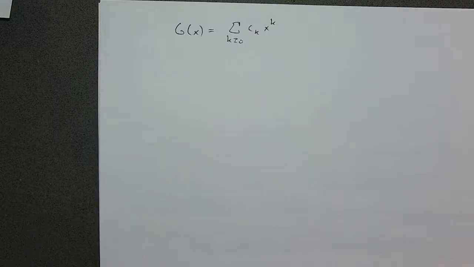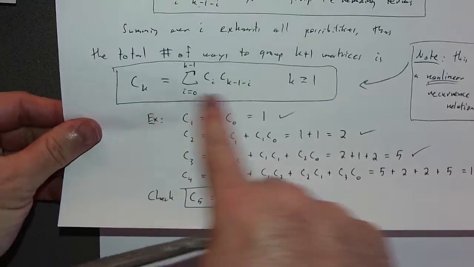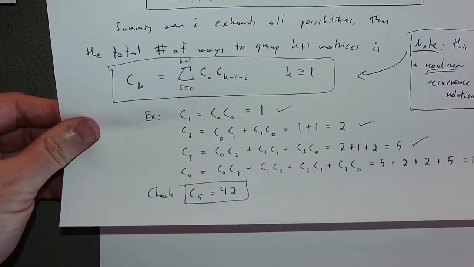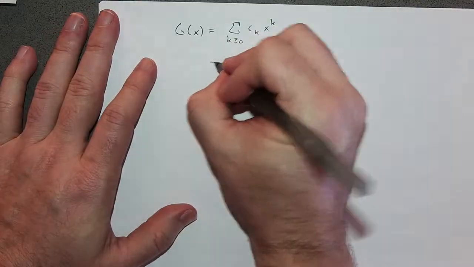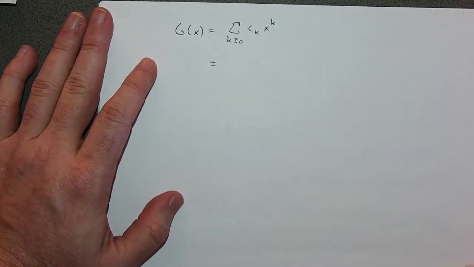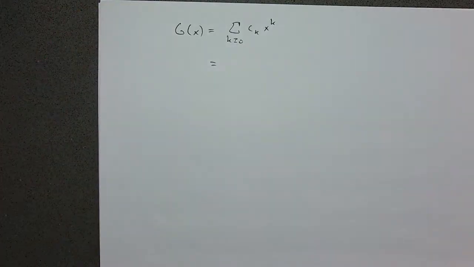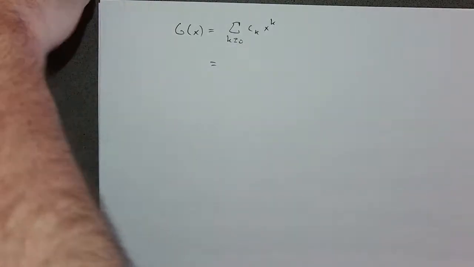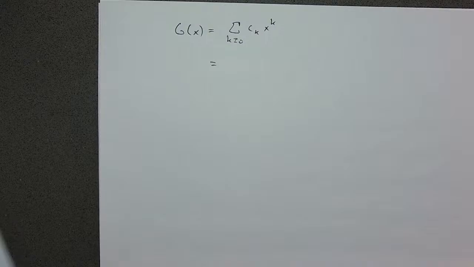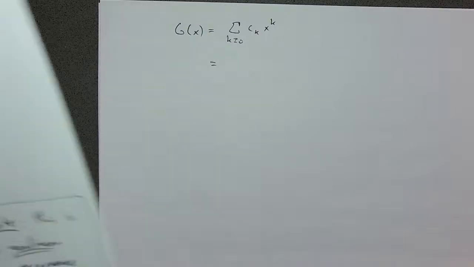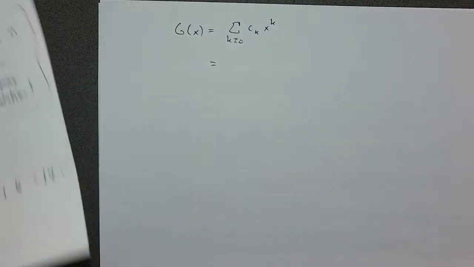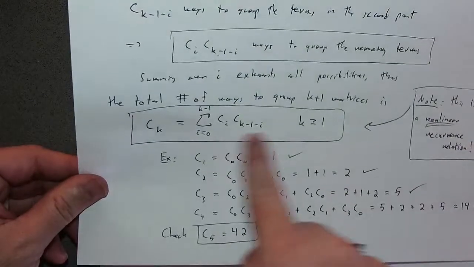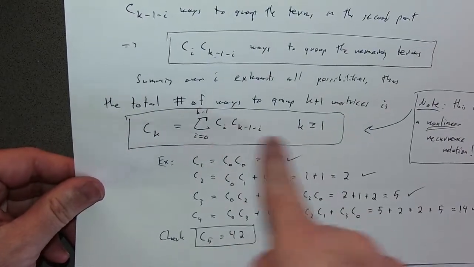Using this recurrence relation, I plug that into my generating function here after peeling off the first term, as I've done in all of these cases, from the Fibonacci case, the general linear recurrence, or not completely general linear recurrence relation, but the one that we did previously. And in this case, this is true for k greater than or equal to 1.